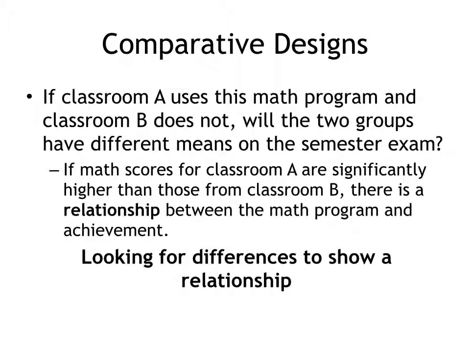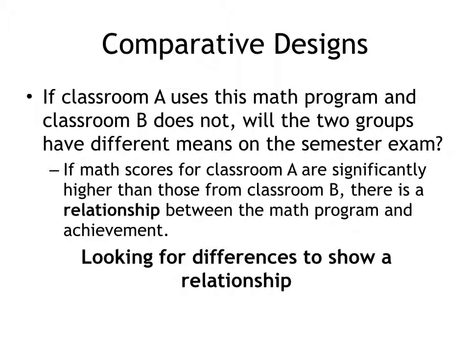If Classroom A uses this math program and Classroom B does not, will the two groups have different means on their semester exam? So if you find that the math scores for Classroom A, where they use that math program, are significantly higher than those from Classroom B, you can say that there's a relationship between the math program use and achievement.